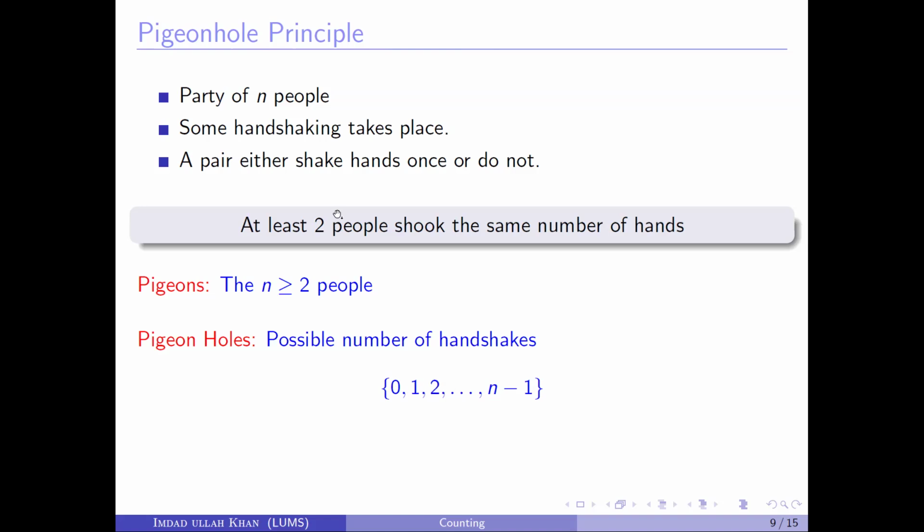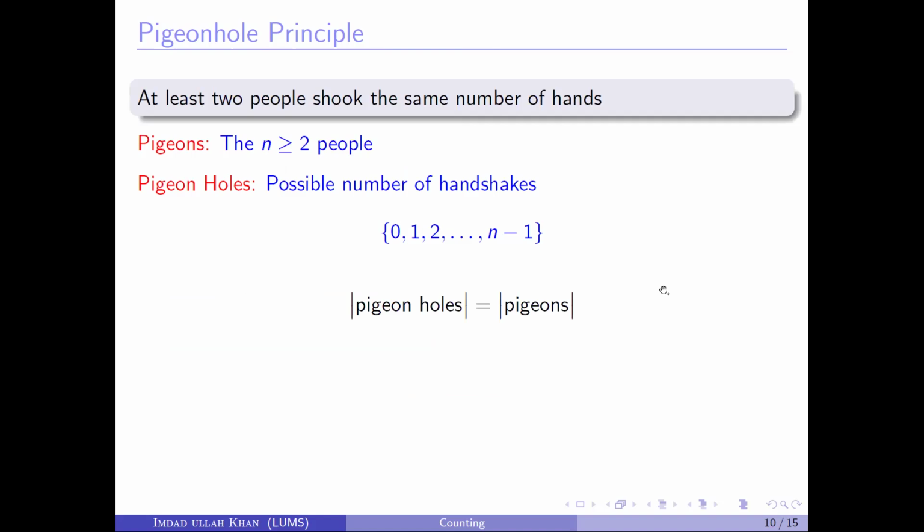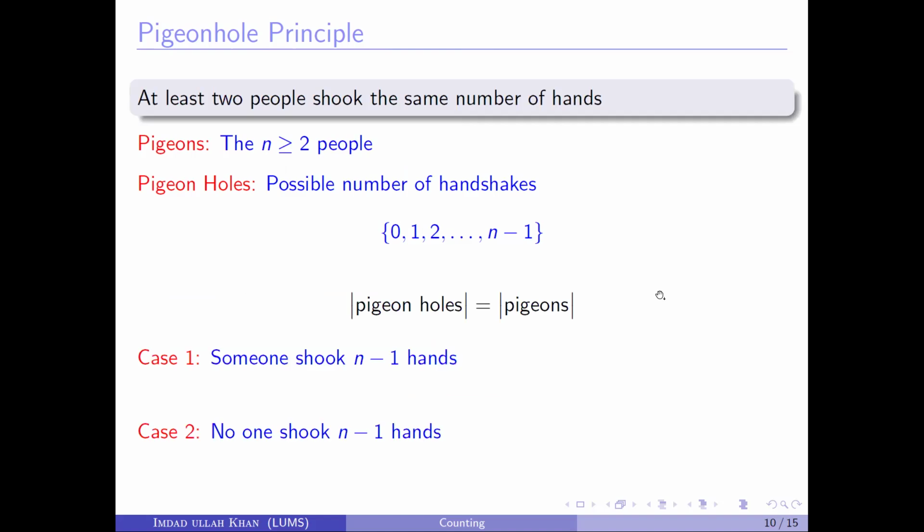The claim is that at least two people shook the same number of hands. So take a pause. Does this make sense? We have the same number of people and the same number of handshake counts. So how can this claim be true? If you have taken the pause, you might have figured out that there could be two possibilities. One possibility is that someone in the entire party shook n-1 hands.